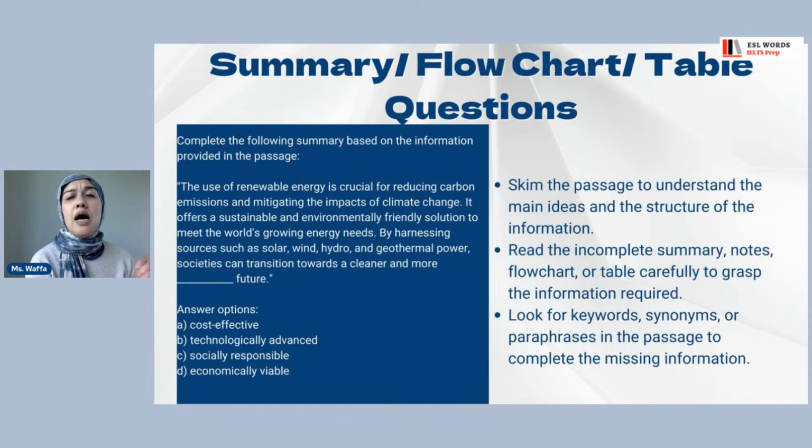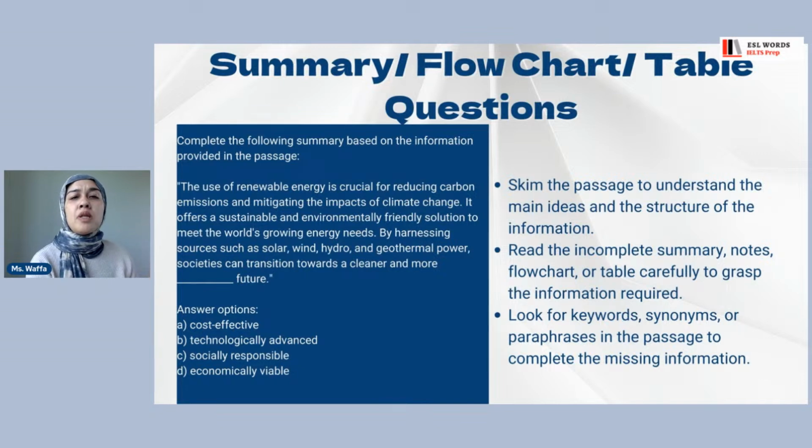So here's another question type you may be given. These question types are summary, flowchart, or table questions. So these are three different question types, but once again, you can use the same strategies I'm teaching you in this section for all three.